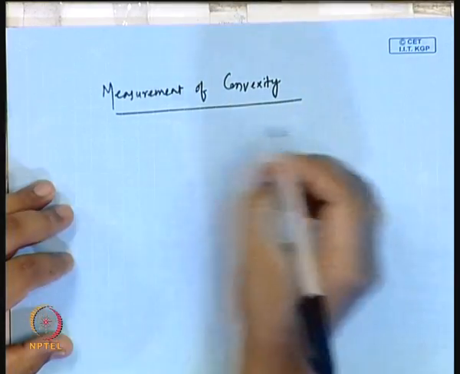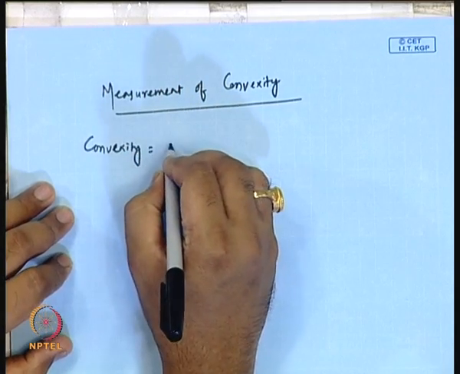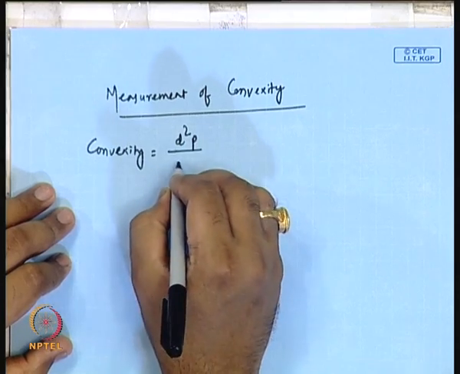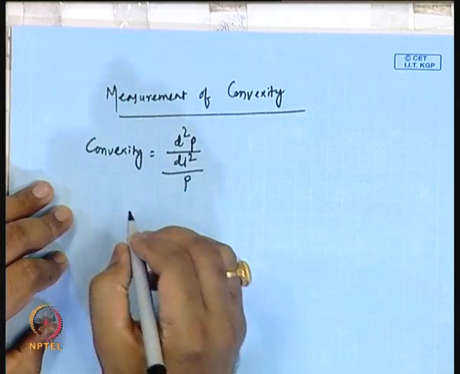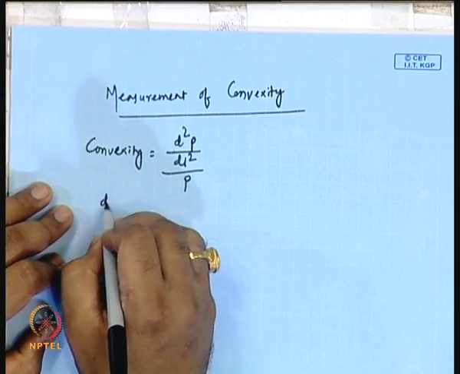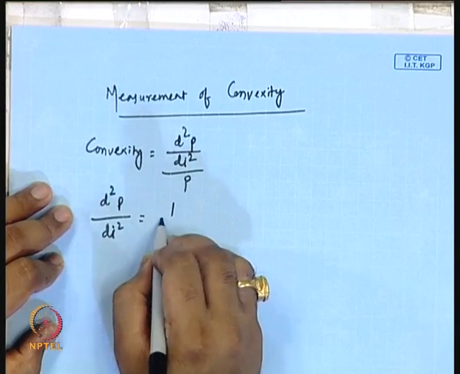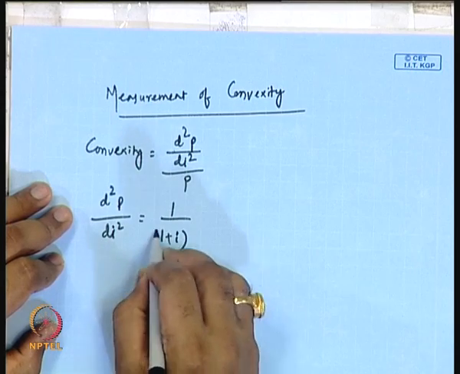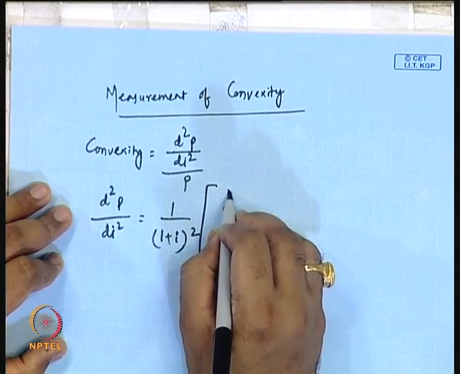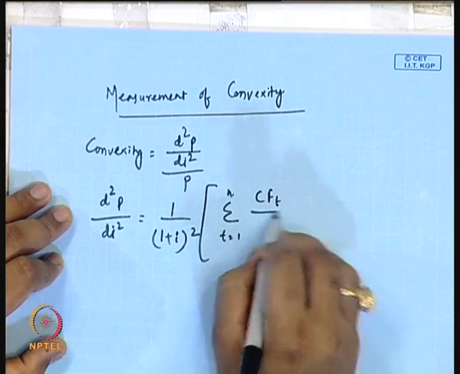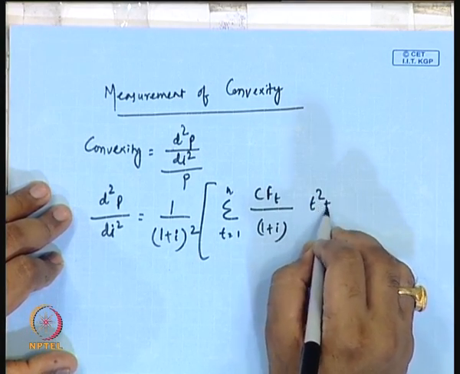We already know that the convexity is d square P by dI square, divided by P. If you want to get this derivative d square P by dI square, it is 1 by (1 plus I) square, then the sum for t equal to 1 to n, of the cash flow at t times the price factor 1 plus I to the power t, into t square plus t.